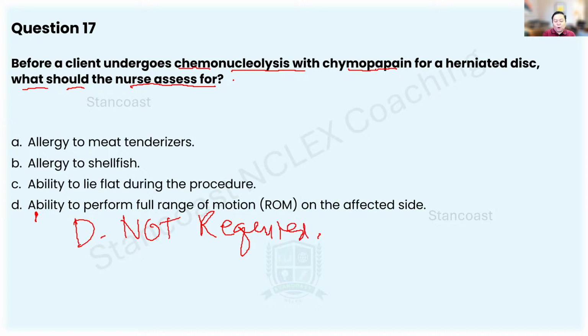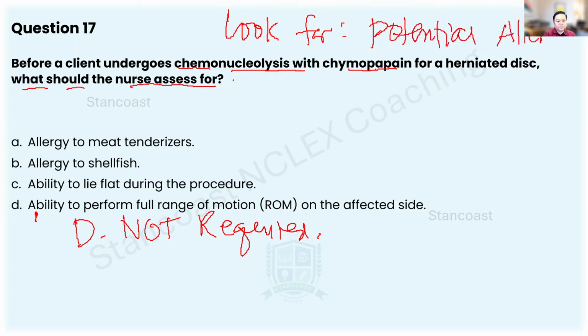Our focus this time is finding the answer which signifies a potential allergic reaction. Look for potential allergic reaction. That is the goal of this test question. So we are eliminating letter D.